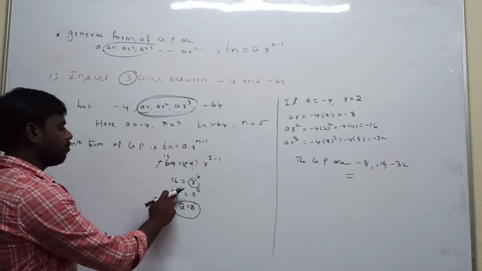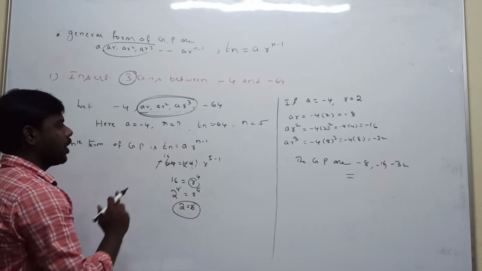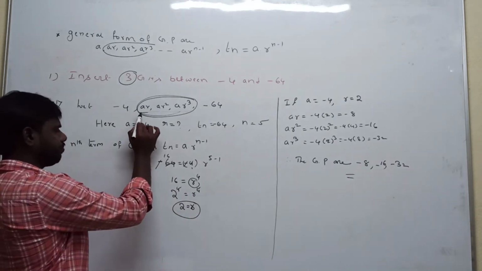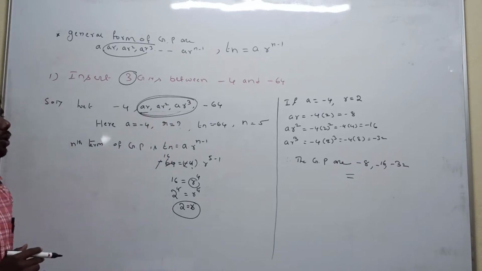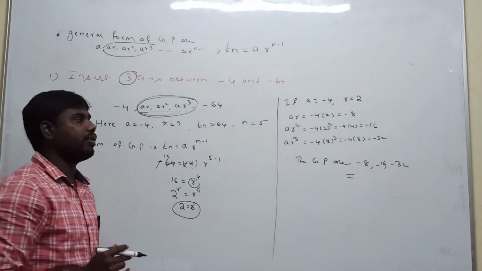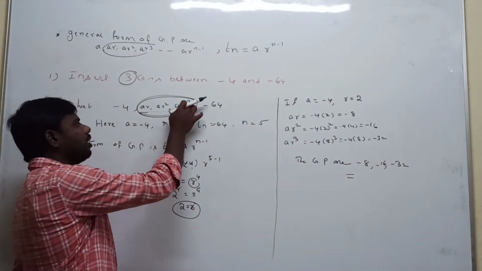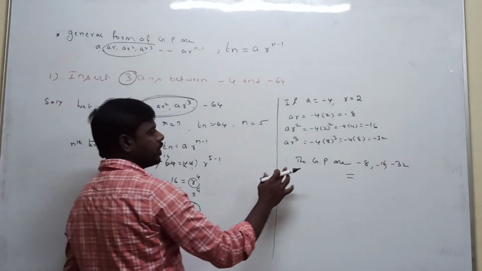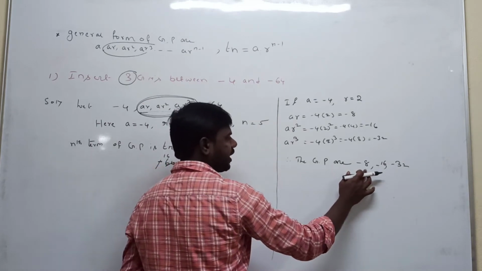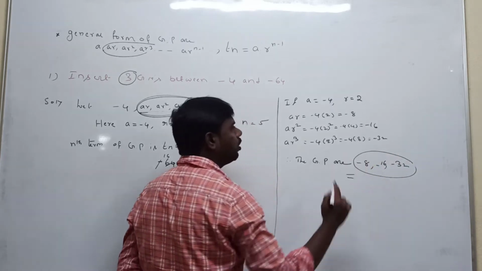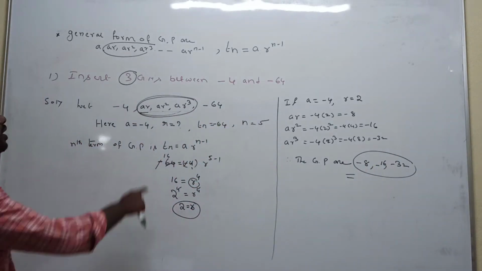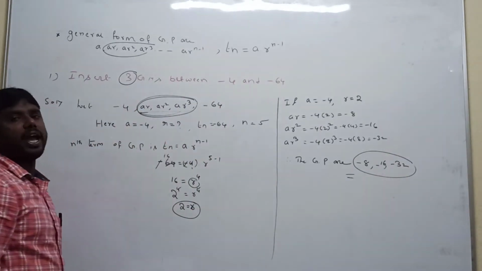Both sides power get cancelled, so R is equal to 2. Then we calculate AR, AR square and AR cube by substituting the A value and R value. Finally we got the 3 geometric means: minus 8, minus 16, minus 32. These values are called geometric means between minus 4 and minus 64.